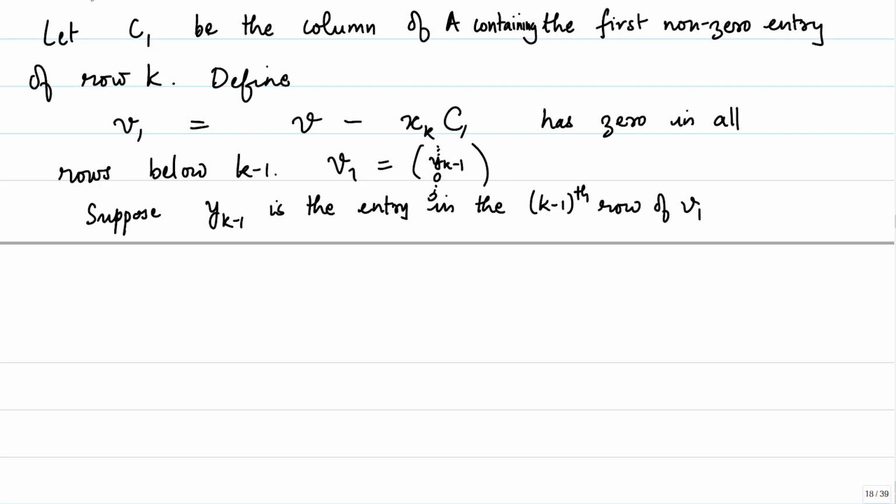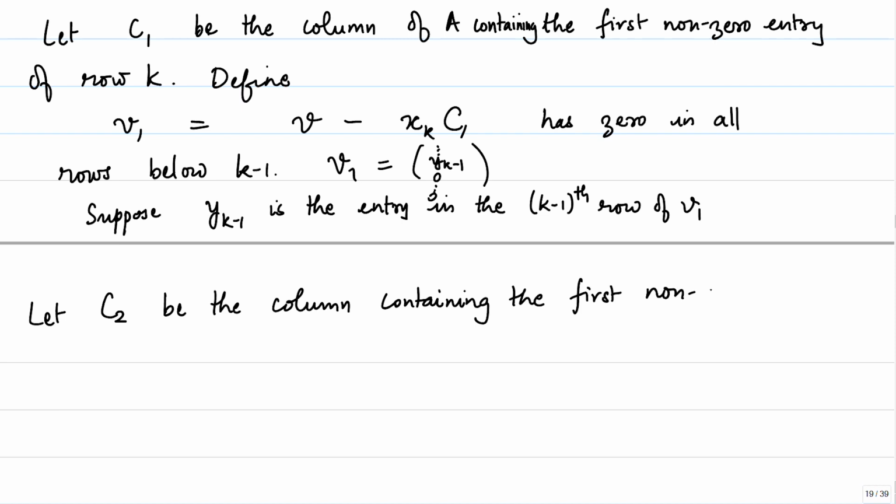And let us follow the same trick as earlier: let C2 be the column containing the first non-zero entry of row k minus 1.